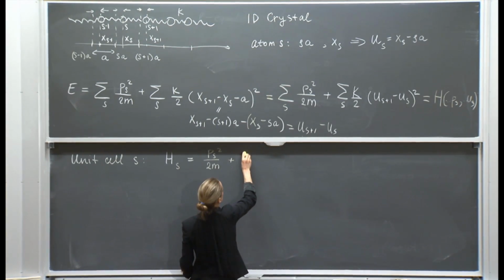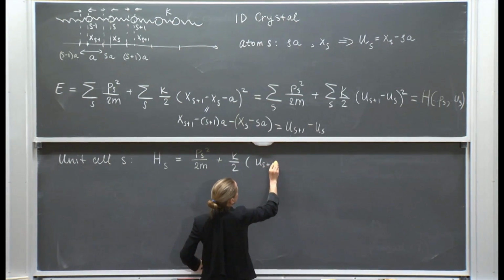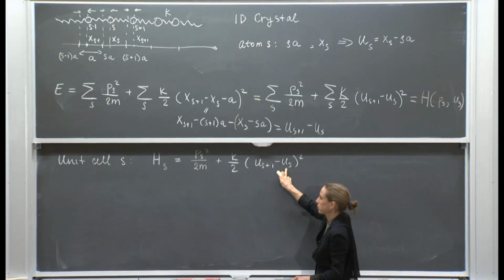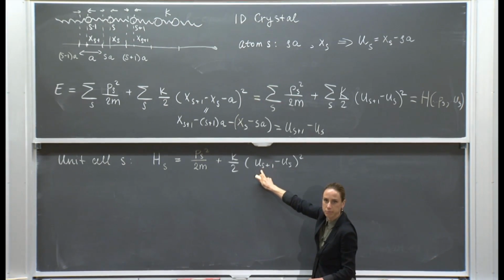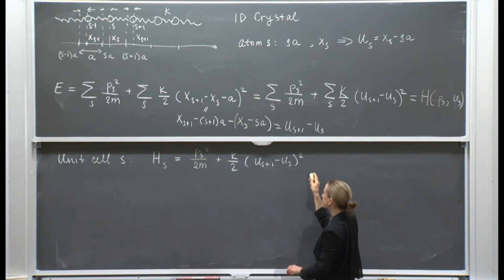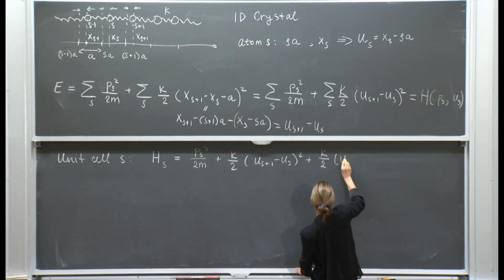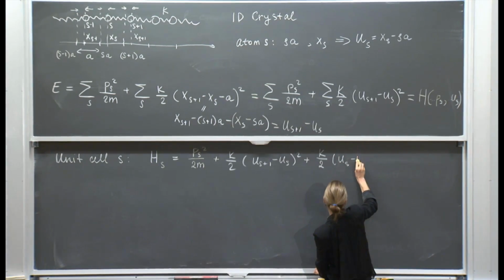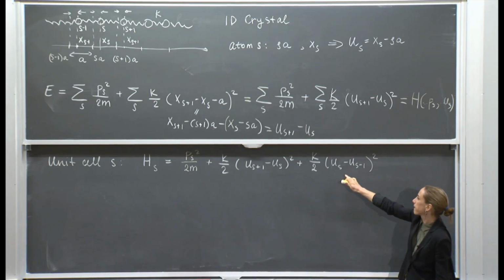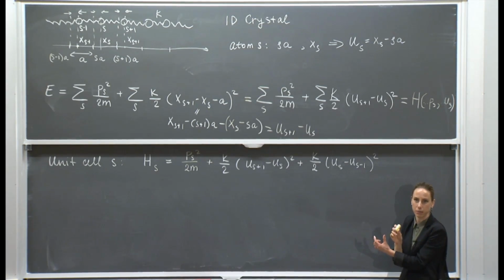Let's do that. So we have K over 2 times the difference in displacements of our atom S and its right-hand neighbor, plus K over 2 times the difference between US and US minus 1, the energy of the spring that connects it to its left-hand neighbor.